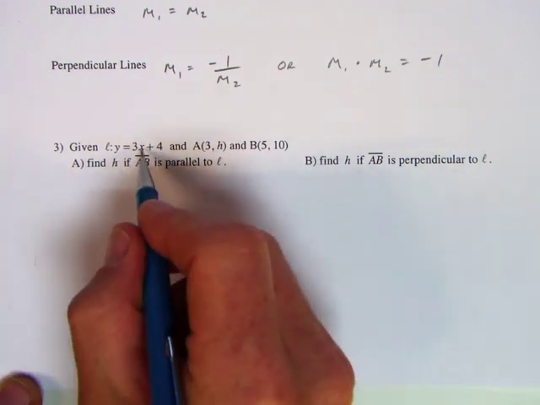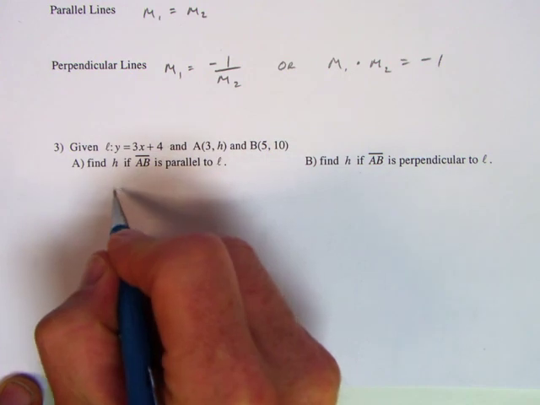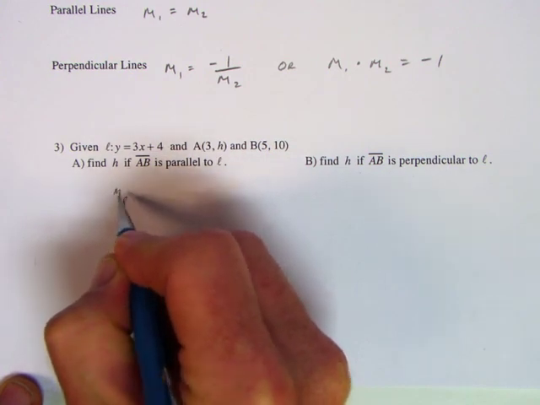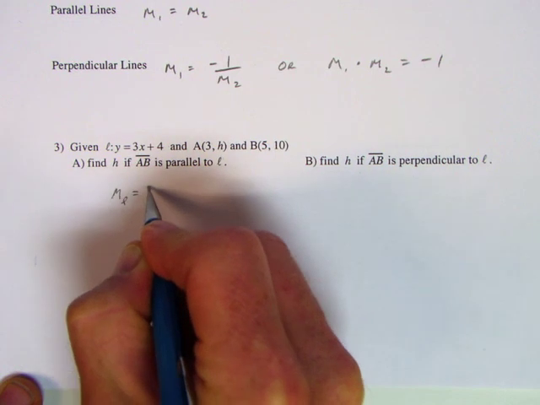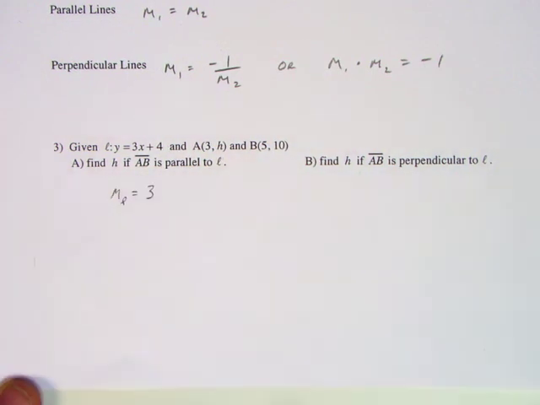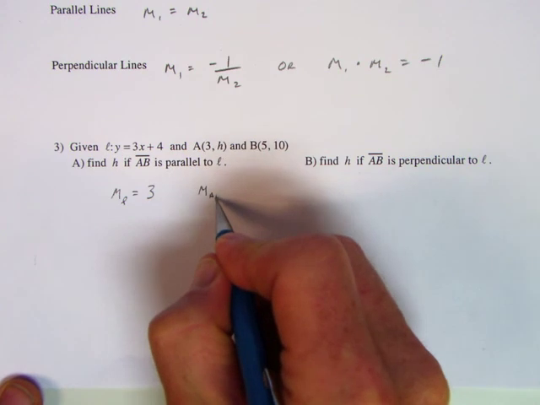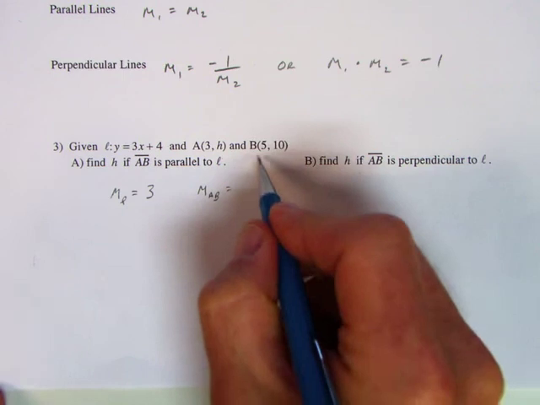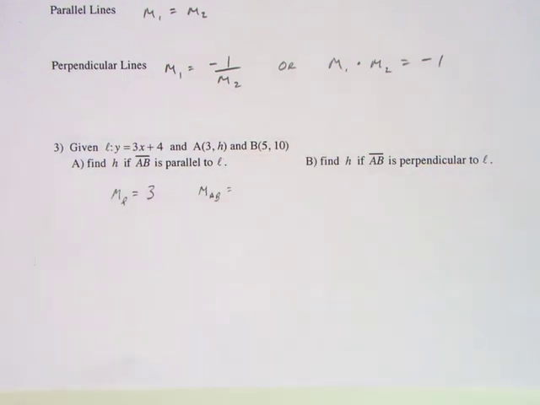Sure. y equals mx plus b for the slope of the line, and we'll put m sub L is 3. And the slope of AB is, now we have the change in y over the change in x, and we did that the other day.